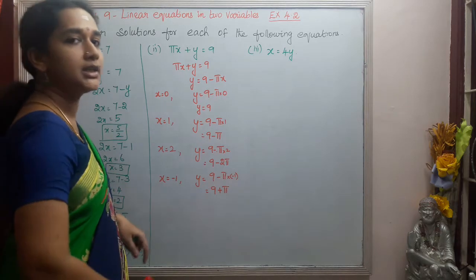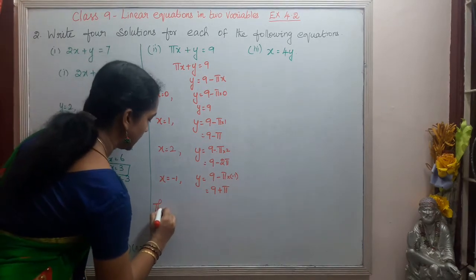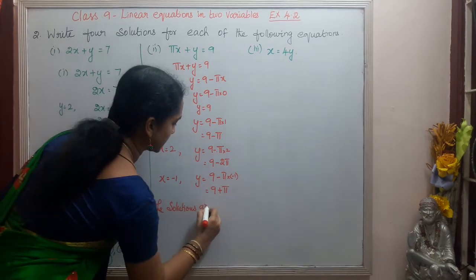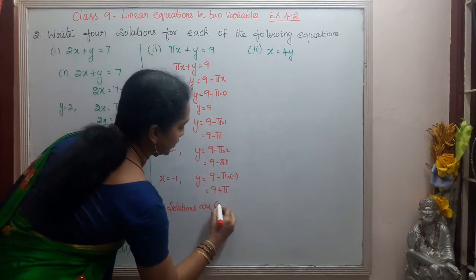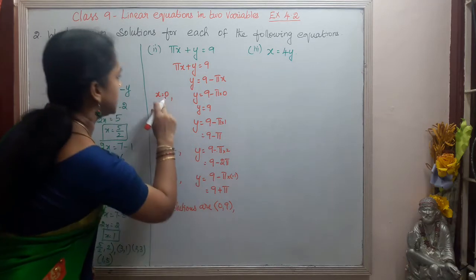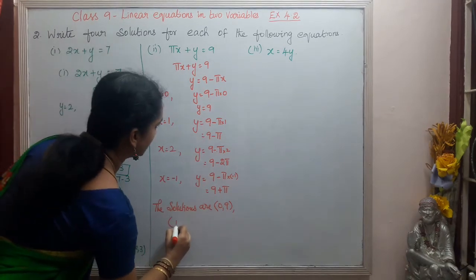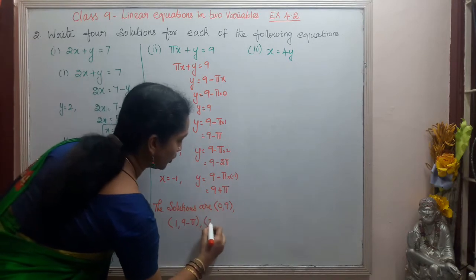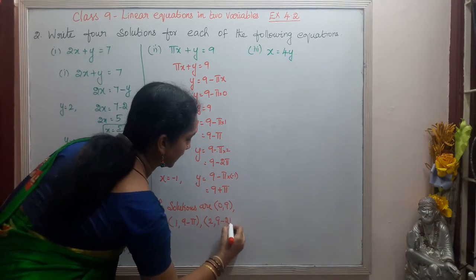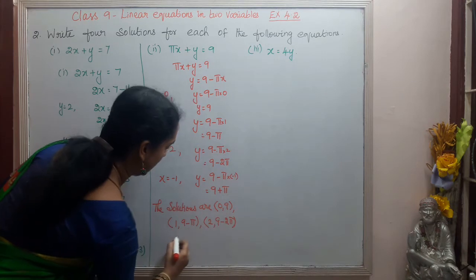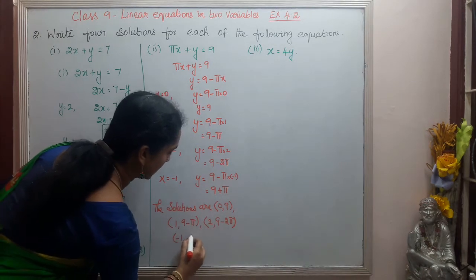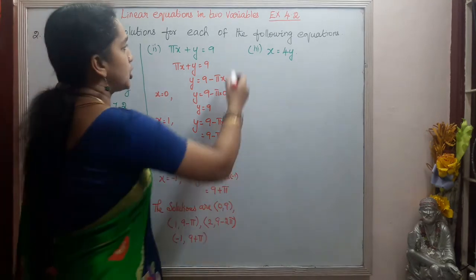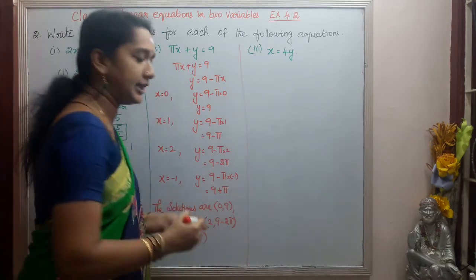So the solutions are (0, 9), (1, 9 minus pi), (2, 9 minus 2 pi) and (minus 1, 9 plus pi). So these are the solutions for the second equation.